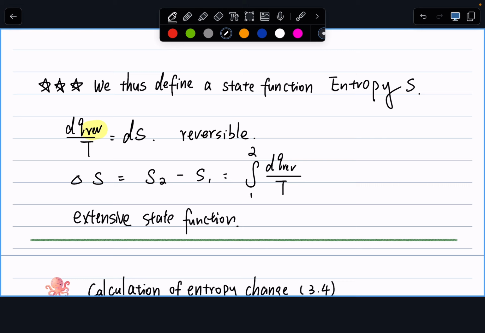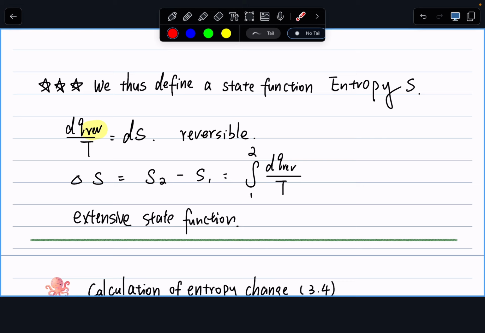And in this lecture, we went over a derivation to demonstrate that for any reversible cycle, we can construct an effective Carnot cycle from that reversible cycle. And as a result, we generalize that this dQ over T is always going to be a state function that we define as entropy, as long as the Q is from a reversible path.